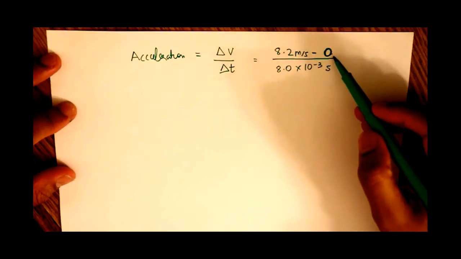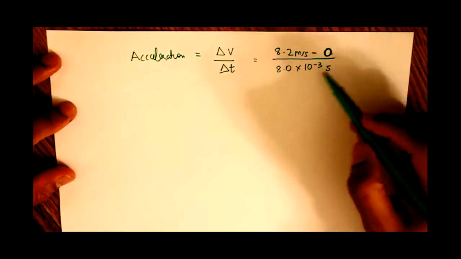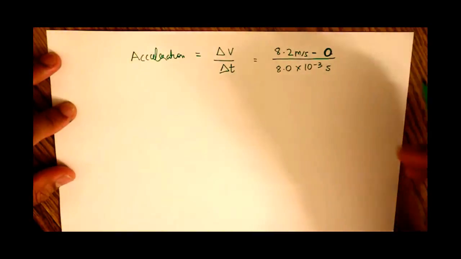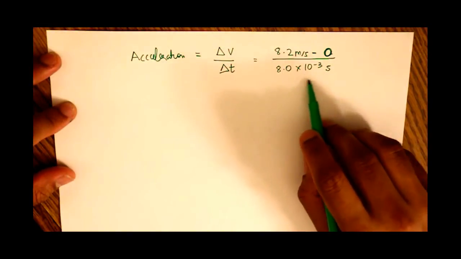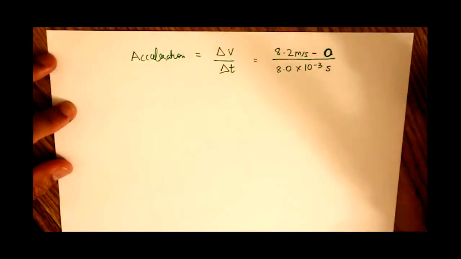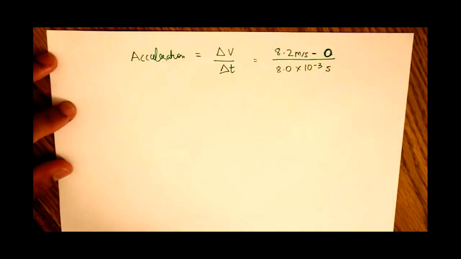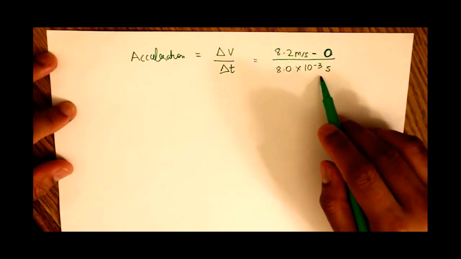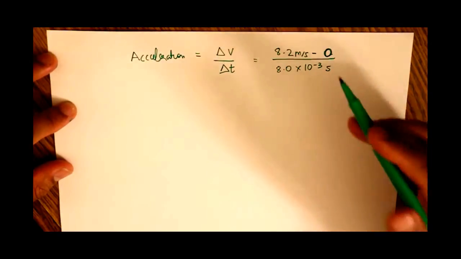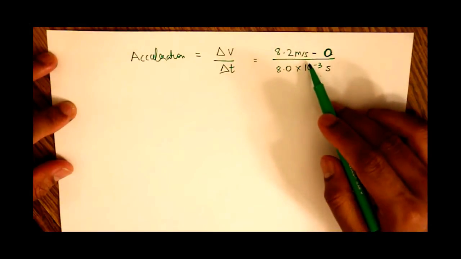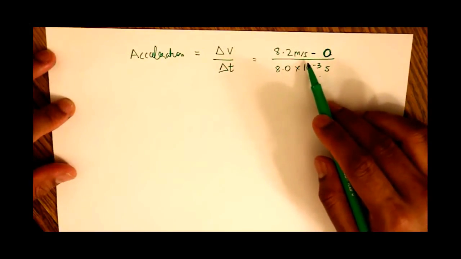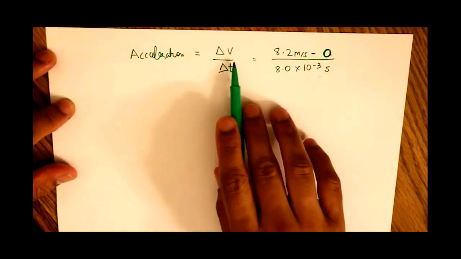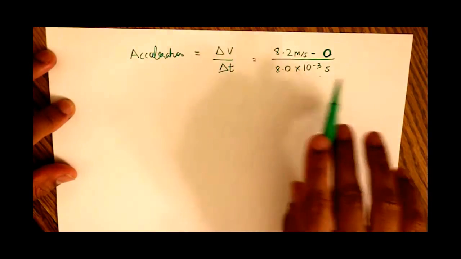When the raindrop collides with the mosquito, the time of the collision is relatively long because it's perfectly inelastic. The mosquito sticks onto the raindrop, so the collision takes 8 milliseconds, and the final velocity after it collides with the raindrop is 8.2 meters per second. So acceleration is essentially final velocity minus initial velocity over time.